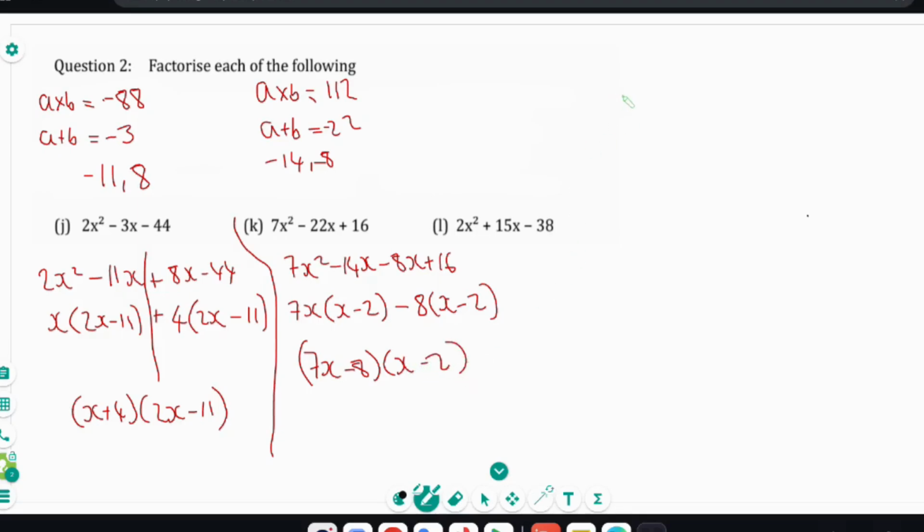Okay, last one, L. Okay, so negative 38 times 2 is negative 76. So 19 and negative 4. 19 times negative 4 is negative 76. 19 add negative 4 is 15.